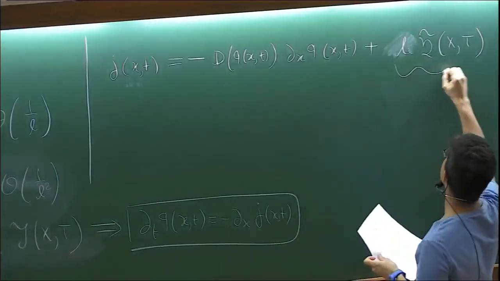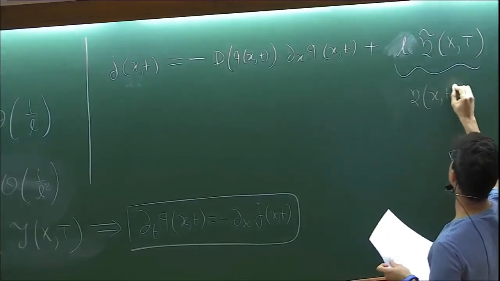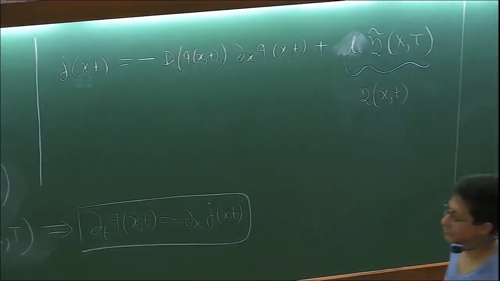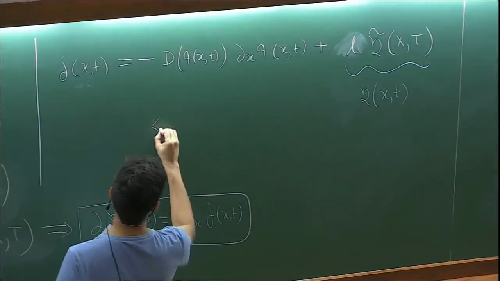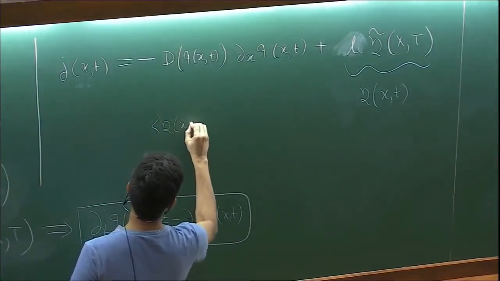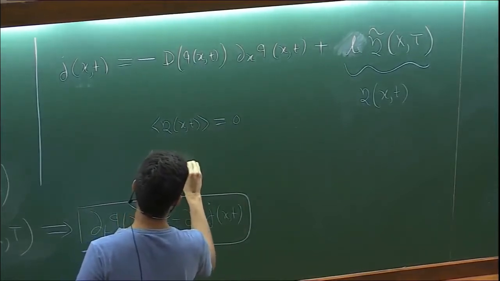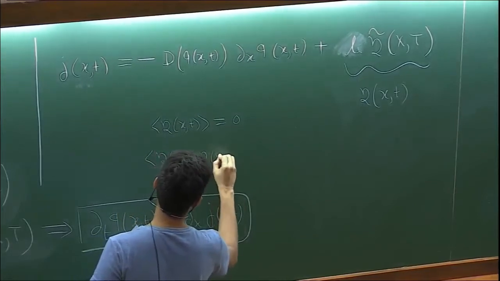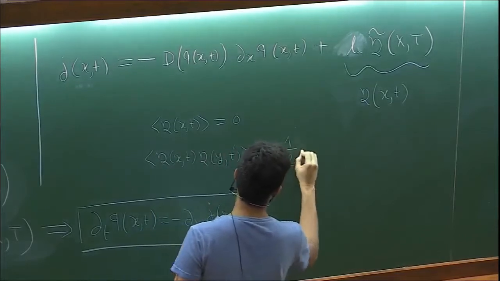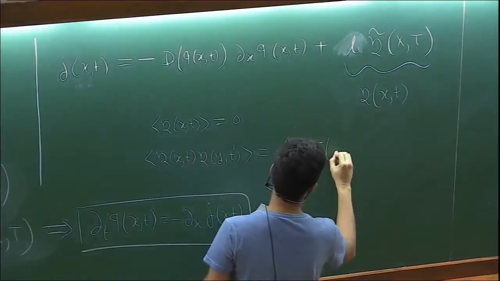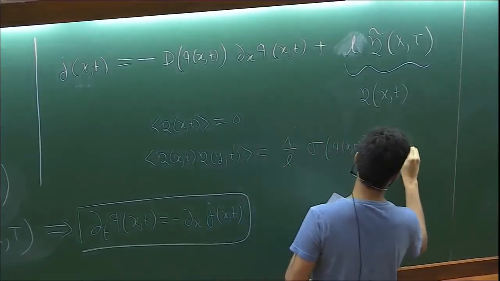So I'm just going to define this quantity as eta small x,t. Then very easily you could convince yourself that from here I'd get that eta small x,t average is 0, and eta small x,t times eta y,t prime is 1 over small l, then q of x at t, then there are delta functions.